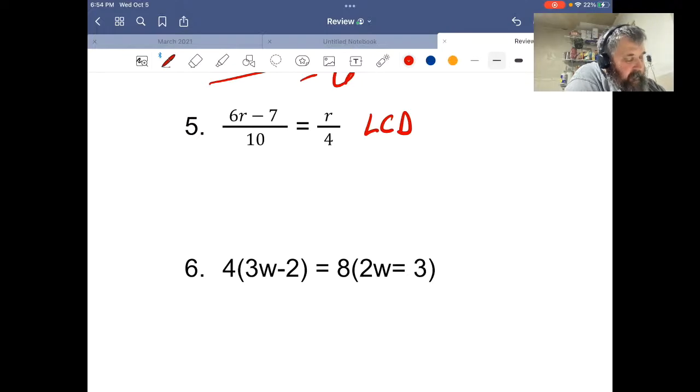Okay, so it's not 40, it's going to be 20. I put 20 here. So is that 2R? No, it's not going to be 2R.